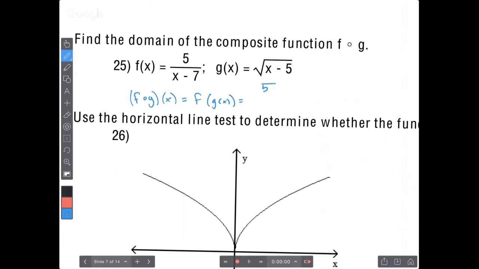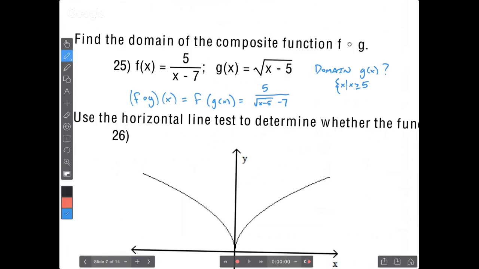So we're going to say 5 over, and instead of x, I write g of x, which is root x minus 5 minus 7. So first of all, I'm going to say, what's the domain of g of x? And the domain of g of x is the set of values x such that x is greater than or equal to 5.